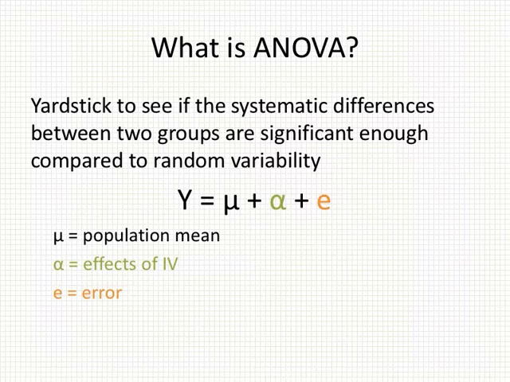So beyond the IV. For example, my score on a stats exam is a function of the overall mean plus or minus the textbook effect. If I got textbook A, maybe I was more likely to get 2 points more. If I was in the textbook B condition, it would be -2, I would get a lower score because textbook B is not as good.